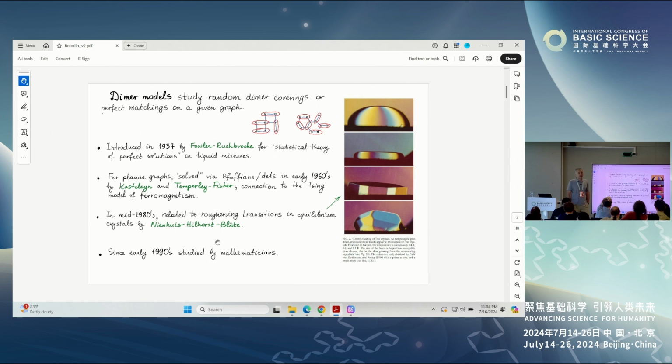That's an actual photograph. That's not a cartoon. These are helium crystals at low temperatures. The bottommost one is close to absolute zero, and you can see that the crystal has only flat faces.